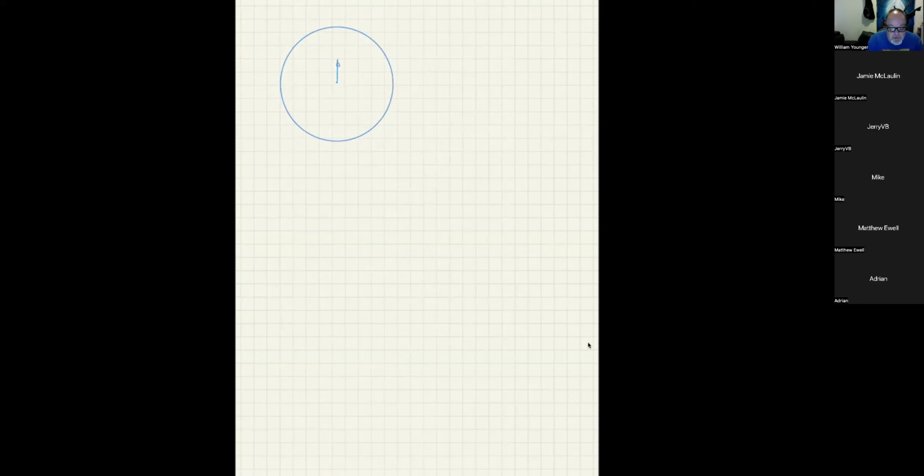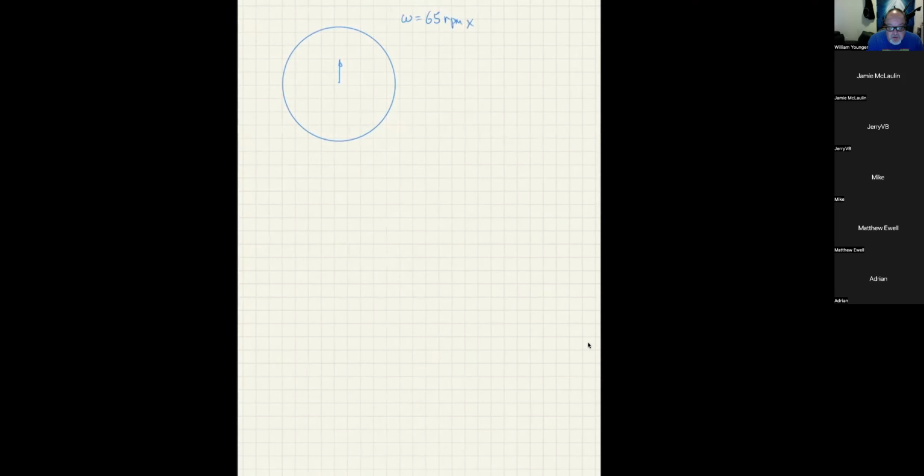We have that I'm going to call it omega, is 65 RPMs. Actually, I'm going to do it a different way. 1 revolution is equal to 2 pi radians.